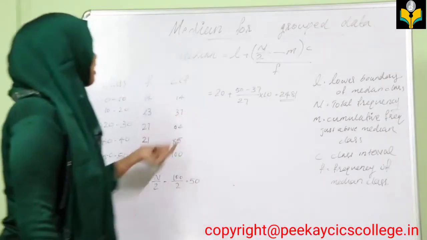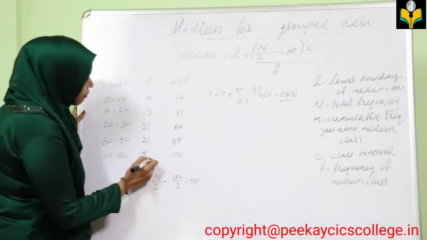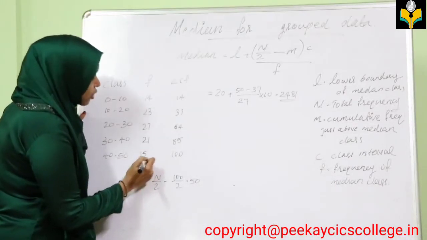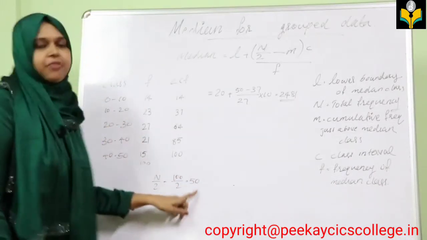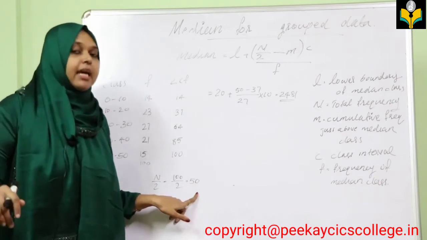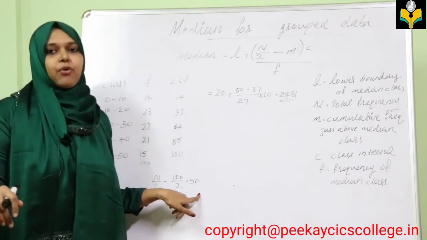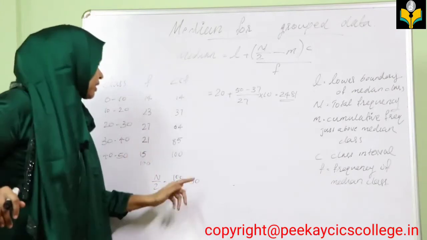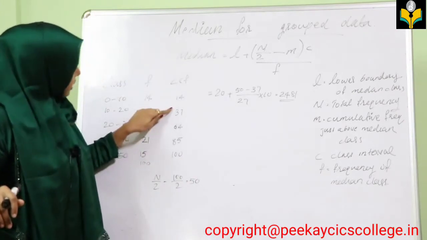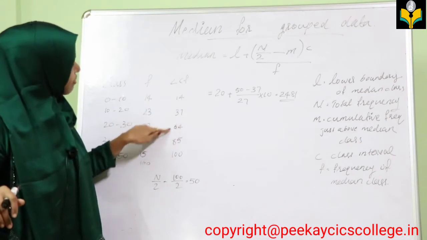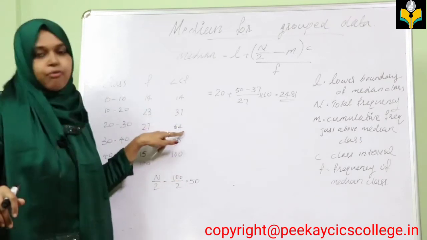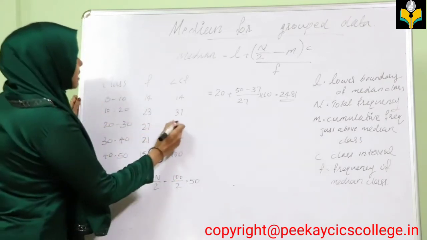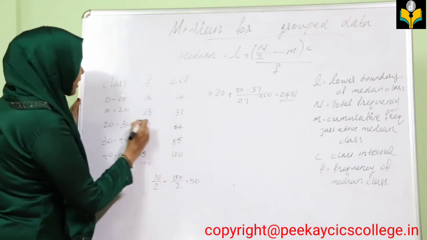Now the next step is to find n by 2. Our n is 100, the total frequency, so n by 2 is 50. Now let's see in which cumulative frequency this n by 2 is included for the first time. In this 64, 50 is included for the first time, so this is our median class.